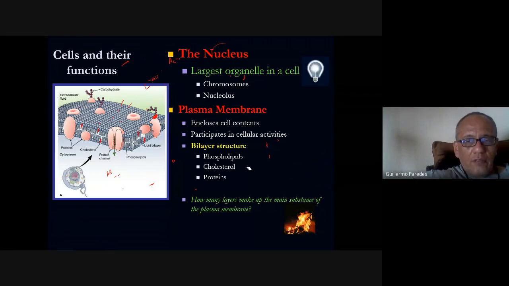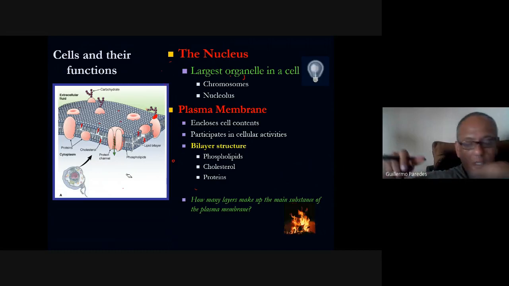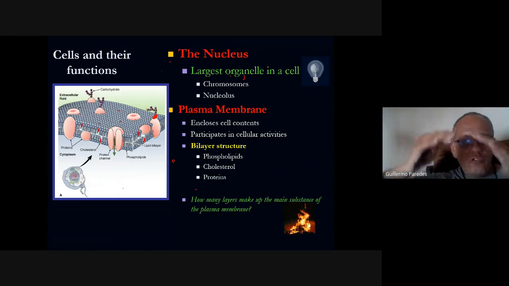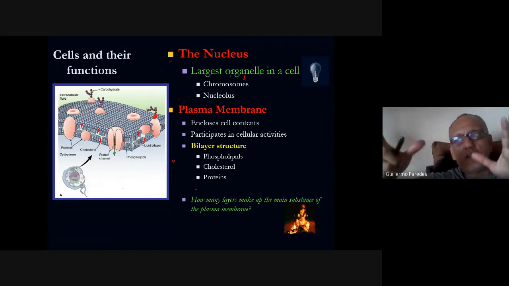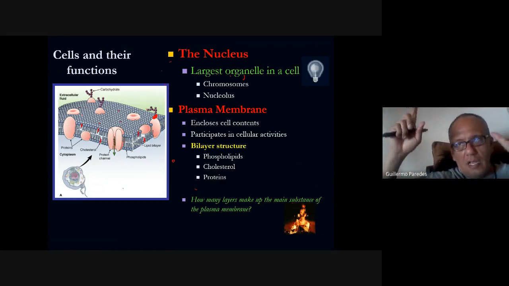Cholesterol is there because I want you to think about the cell membrane as not really rigid, like a board or a table. It is not strong or hard. It is wavy, not like a box, concrete, or a wall.